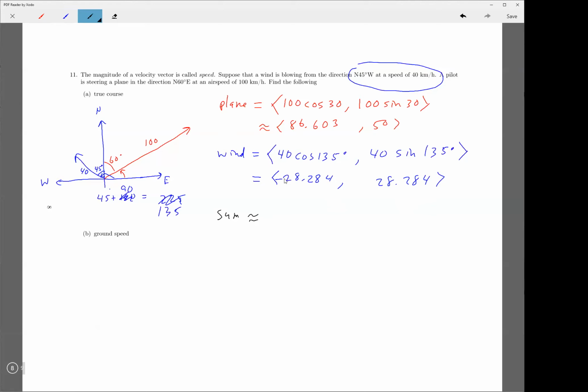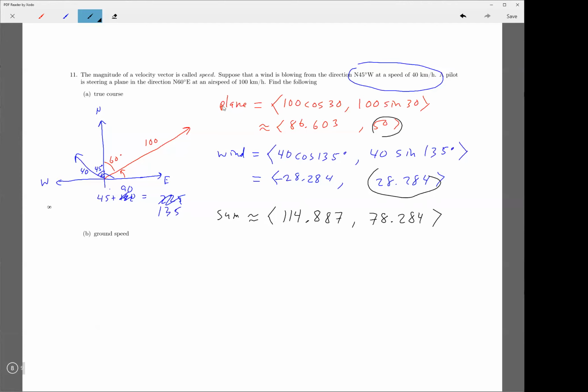Adding the x components together, I get approximately 114.887, and adding the y components together gives me approximately 78.284. Okay, so that's the sum.